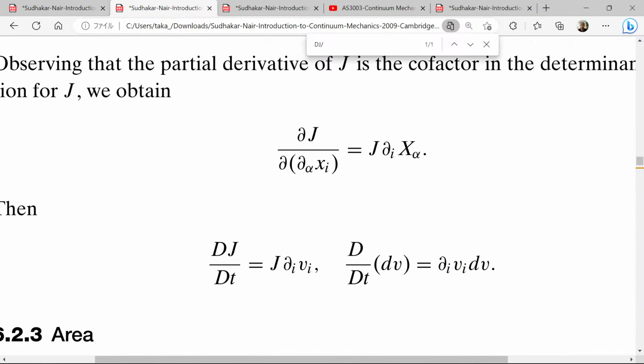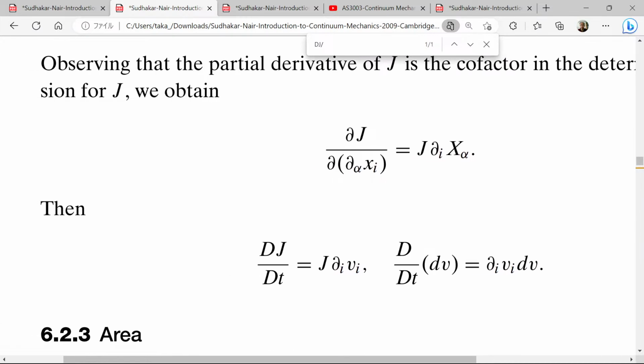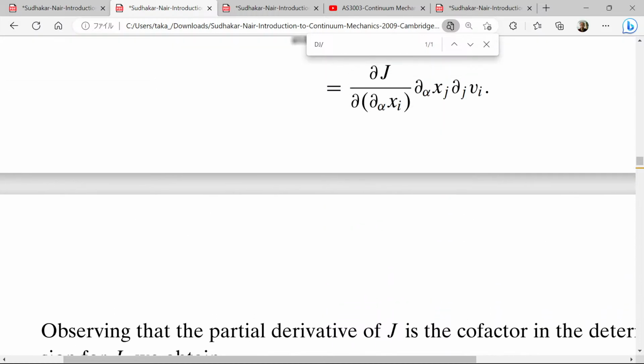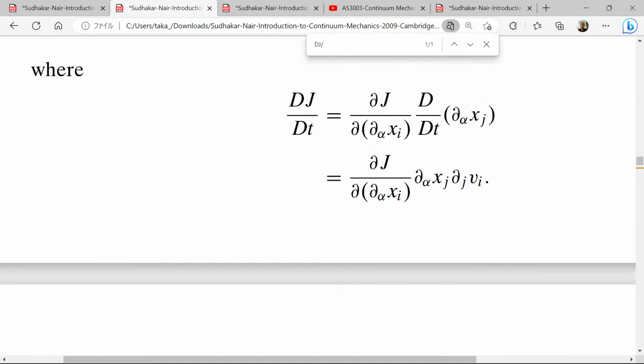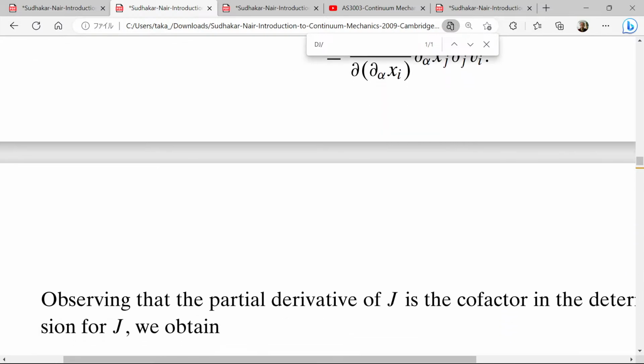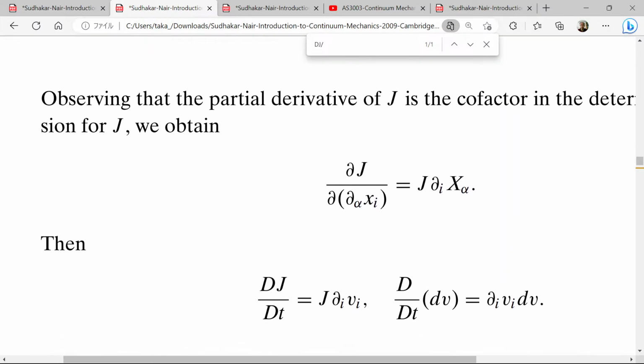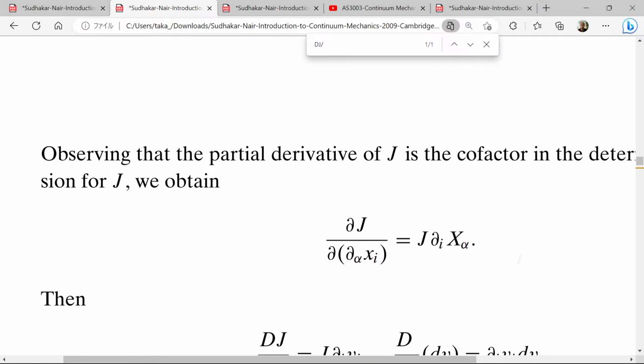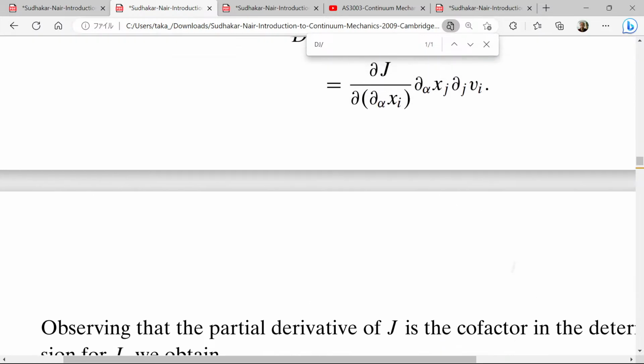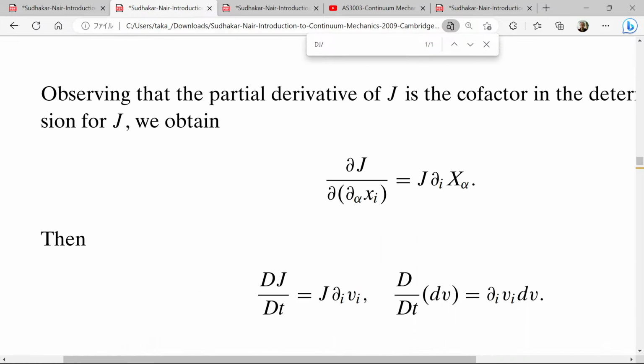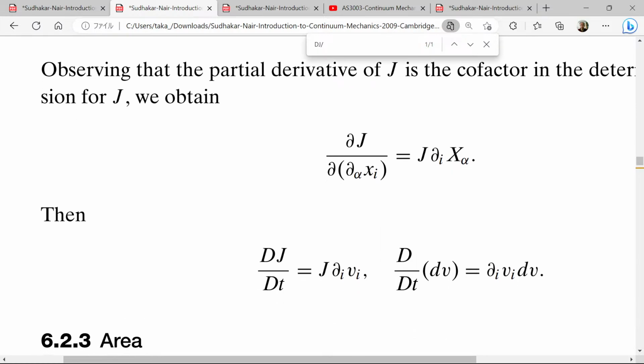Here. dJ/dt goes like this: J partial_i v_i.